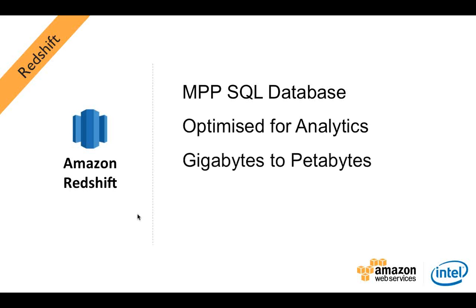The smallest node you can have with Redshift is 160 gigabytes, but then you can scale that as you grow through terabytes into 2 petabytes if you need to. So plenty of headroom there to scale with your data as you grow it.